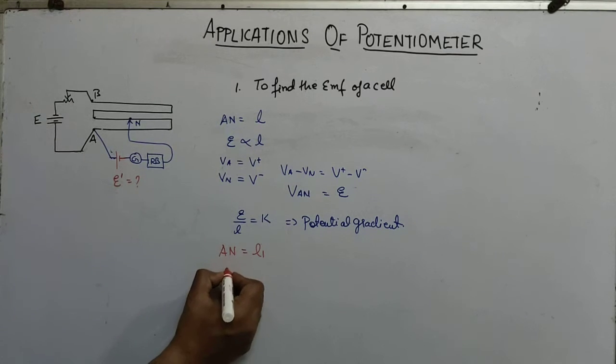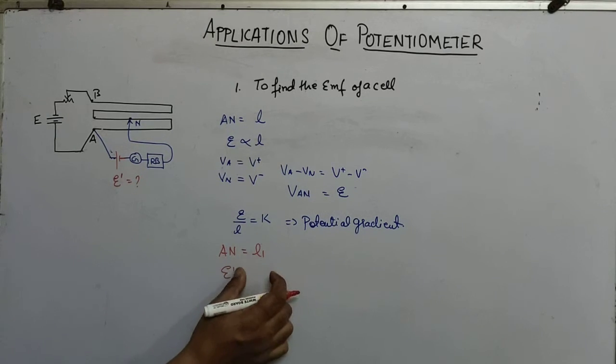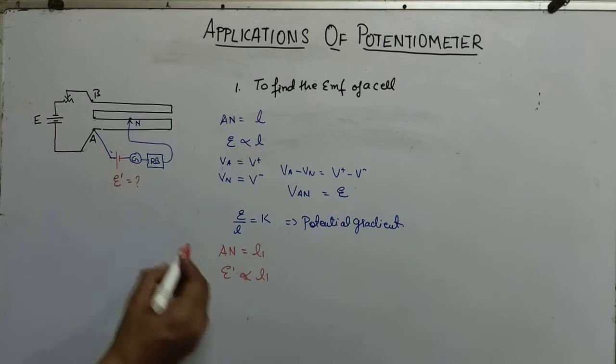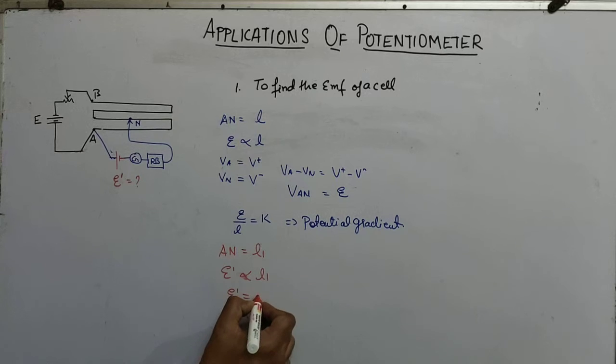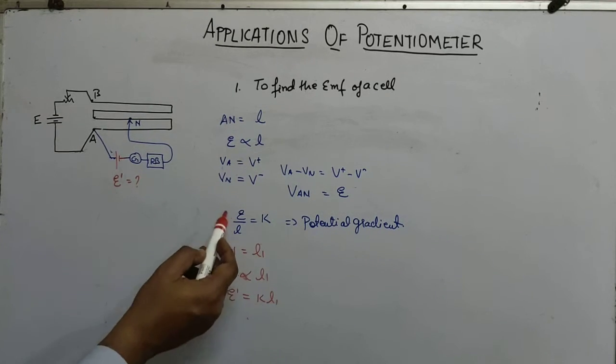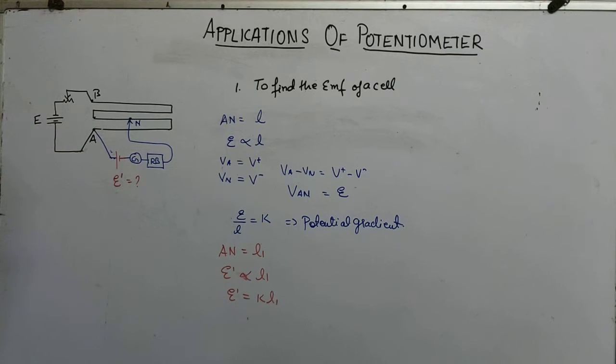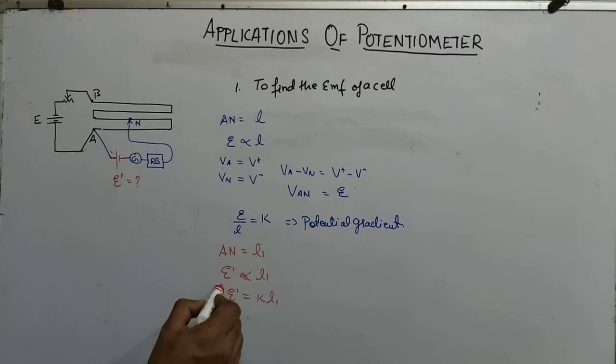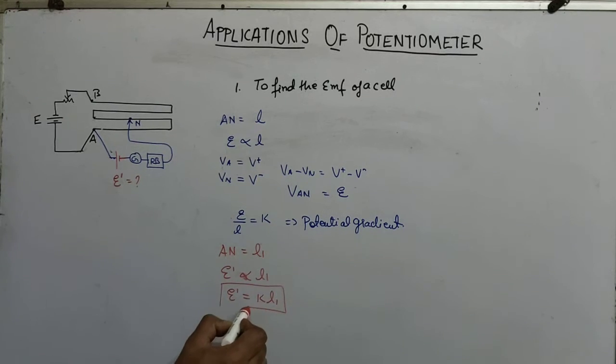So I can write E dash is directly proportional to L1, and E dash equals K times L1, where K is the potential gradient which we have already calculated earlier with the standard cell. When I replace the value of K, I get the EMF of the unknown cell. Now this completes the first application of the potentiometer.